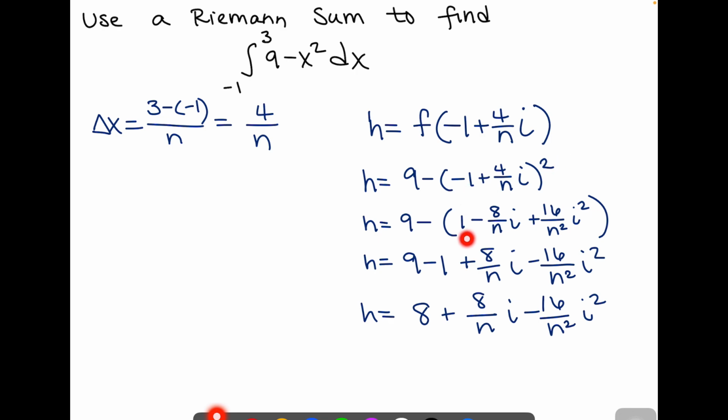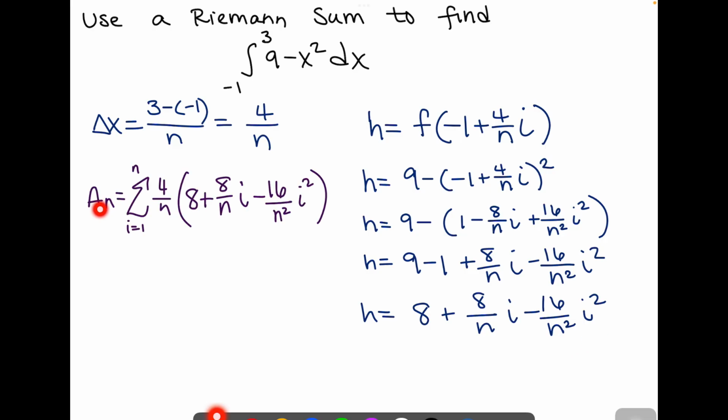I get 1 minus 8i over n plus 16 i squared over n squared. So I got that using FOIL. And then we're going to take 9 minus that quantity. So I have to distribute the negative 1 to everything inside the parentheses, and then I can combine like terms to give me 8 plus 8i over n minus 16 i squared over n squared.